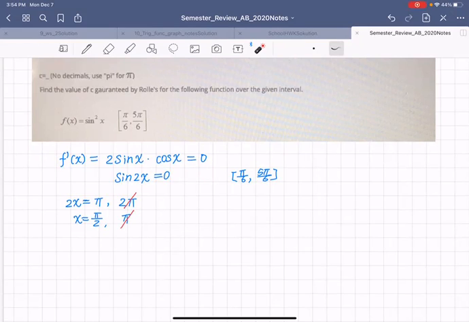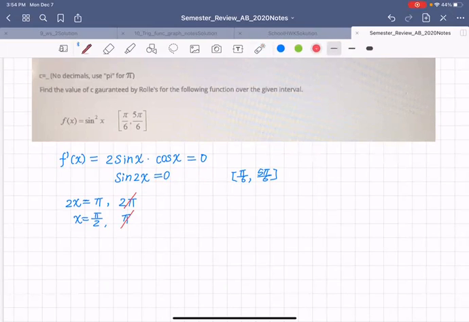Does MVT also guarantee one, or multiple? One is guaranteed. Two is not guaranteed. Oh, I see. So x equals pi over 2. That is what c is equal to. Yes.